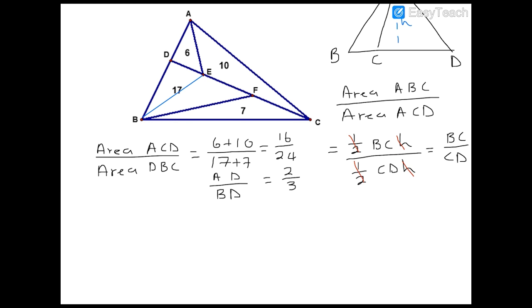And then from here, we can start concentrating on these two triangles because we have the ratio of the bases. The area of ADE divided by area of DBE will be equal to 2 over 3.